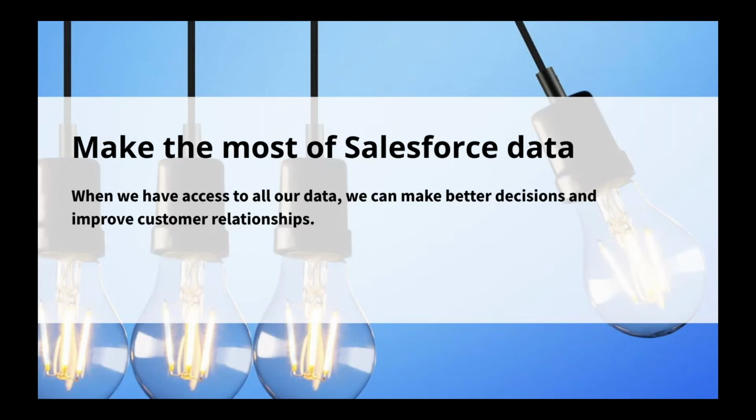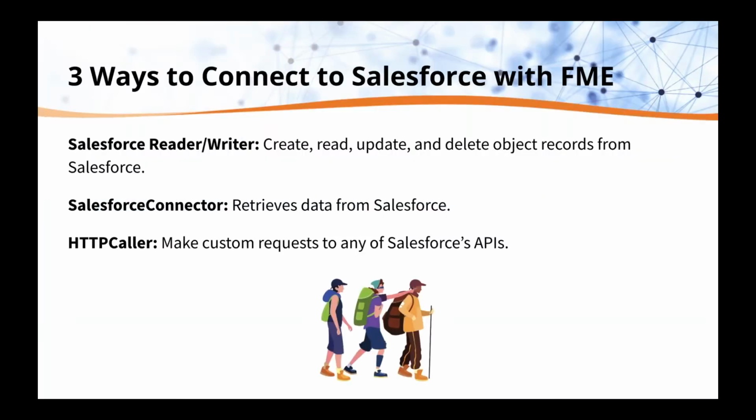But we can solve some or all of these data challenges using FME. We can pull data in and out of Salesforce and transform it so that we can work better and smarter. And we have three primary tools for connecting to Salesforce from FME. The first is the dedicated Salesforce reader writer. This is really easy to use and it does the job well.